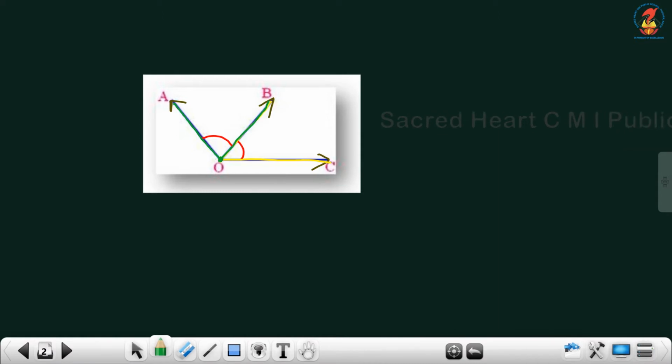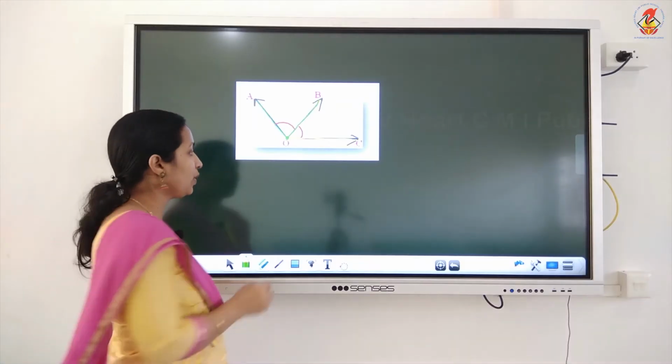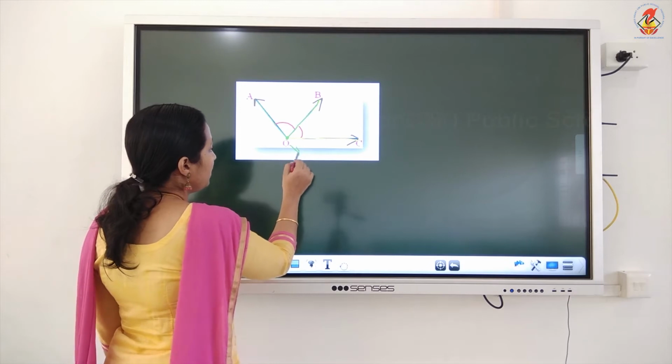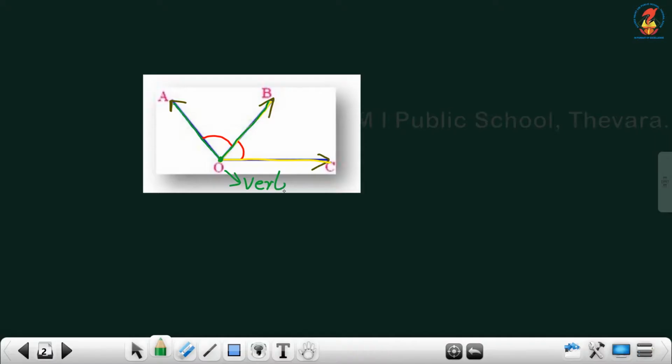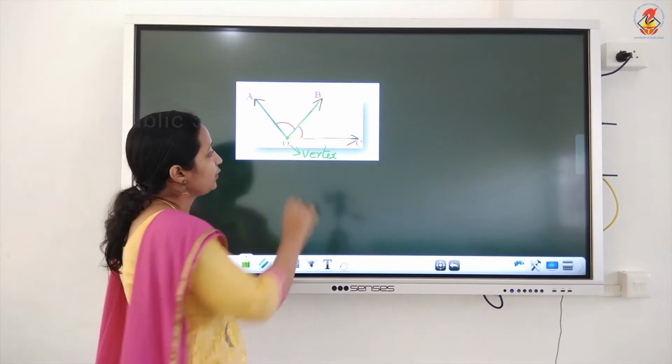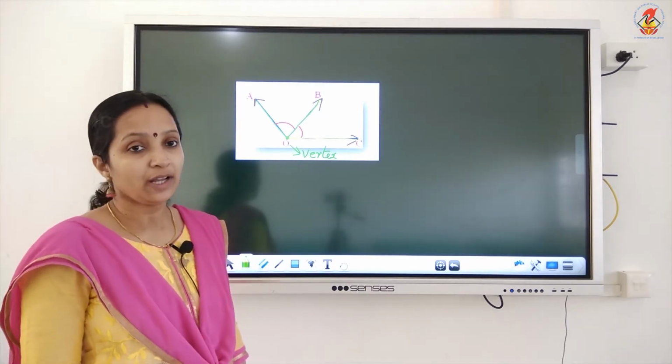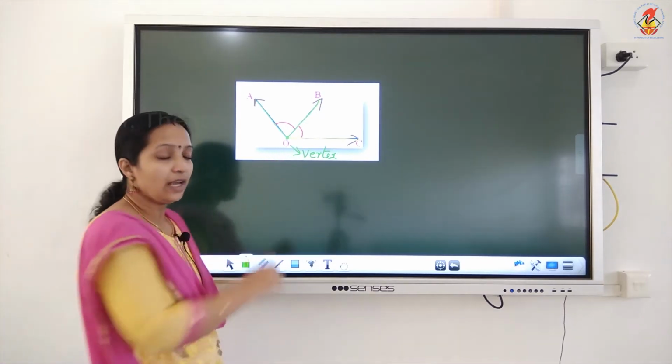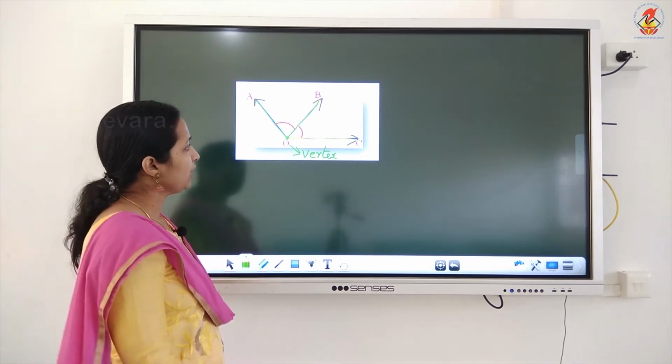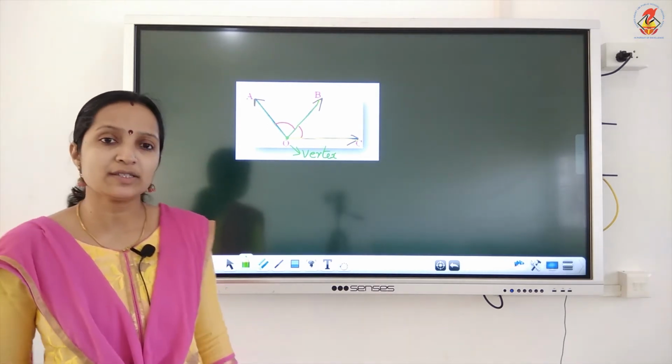The common end point, we know that the common end point is known as what? The common end point is known as vertex. If two rays are intersecting at a common point, that common end point is known as what? Vertex, okay? And we already learned if two rays intersect, they will form one angle, okay?